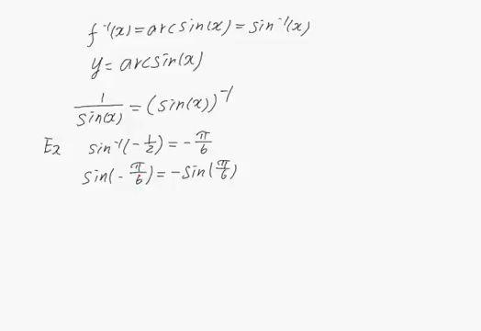This negative pi over 6 is in quadrant 4. So by the reference angle and the sine, we get the value of the sine of negative pi over 6, so this is equal to negative 1/2.